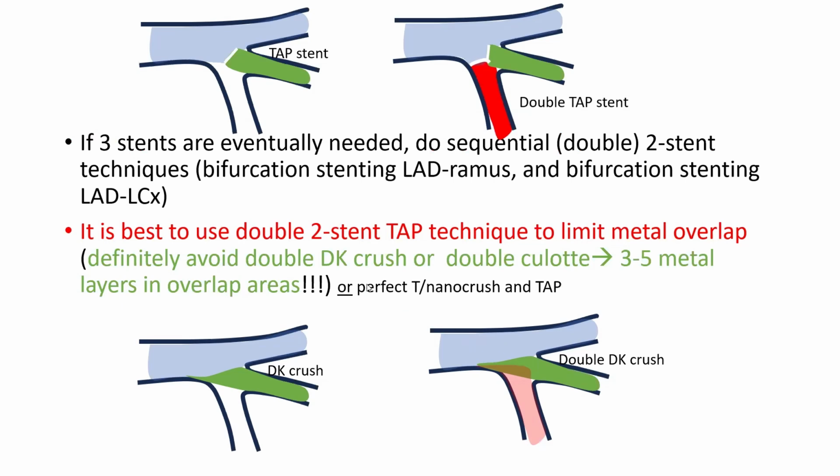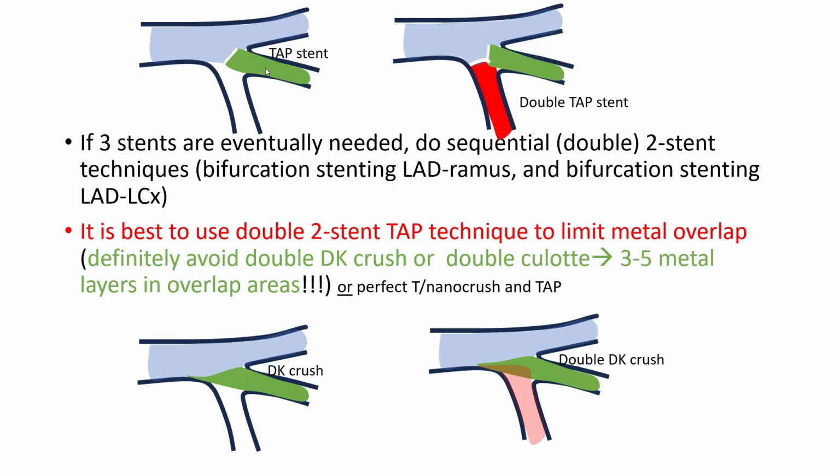So the best in this case is, again, to do double sequential two-stent TAP technique to limit that amount of stent overlap and stent thrombosis and to facilitate eventual recrossing, whether during the same procedure for kissing and trissing balloon or for future potential interventions.